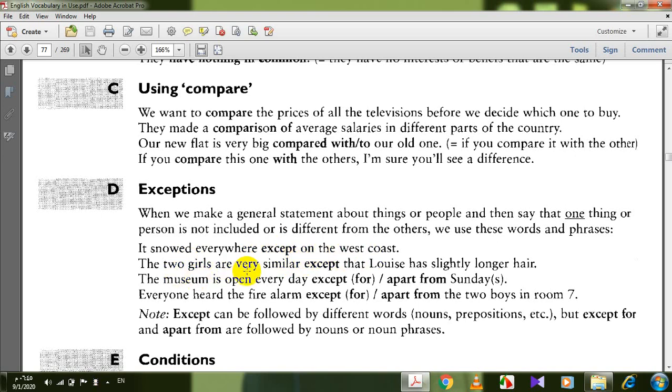The two girls are very similar, except that Lois has slightly longer hair. After except that, we use a clause: subject, verb, a sentence. The museum is open every day except for Sundays.